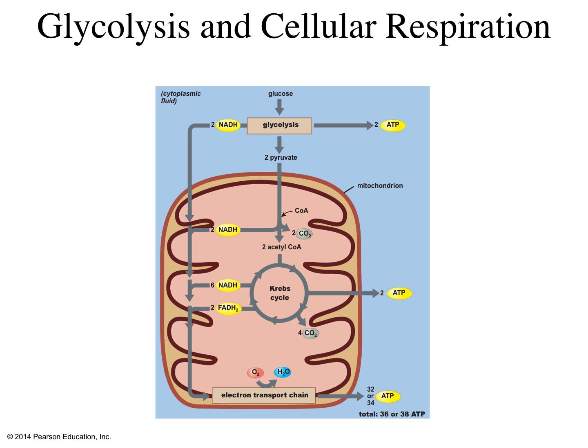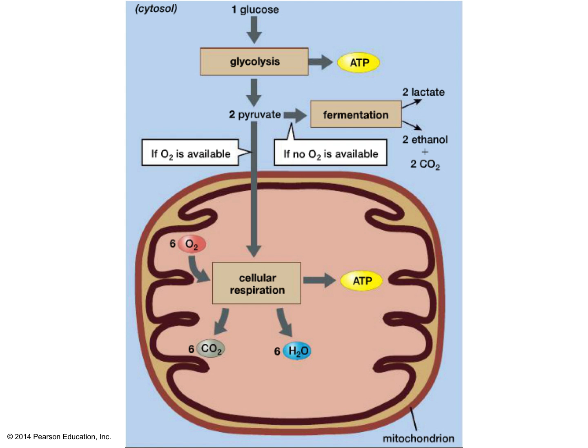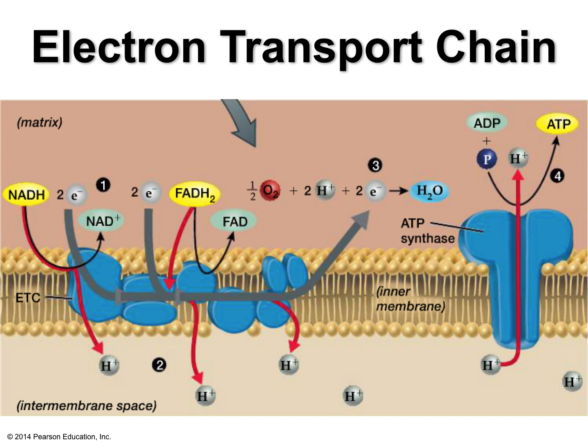Generally, organelles just have one membrane. This is why the mitochondria looks the way it does: we have to create a high hydrogen concentration gradient in the intermembrane space to help power ATP synthesis.